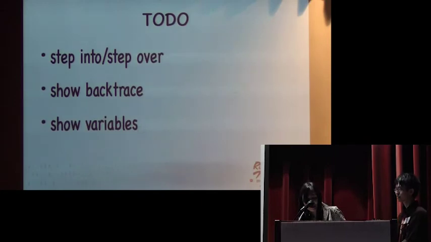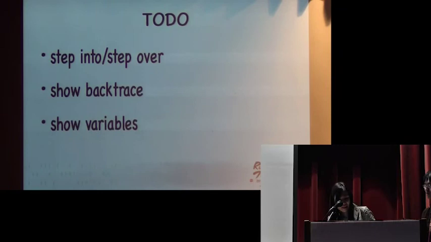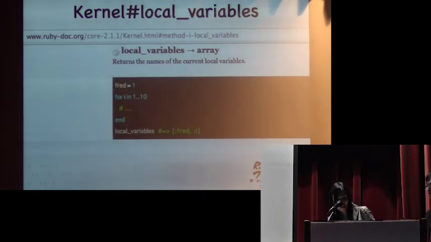Our debugger is under development, so we have many to-dos, such as step into and step over at the mruby level, and showing backtrace and variables. But we have one issue about local variables.